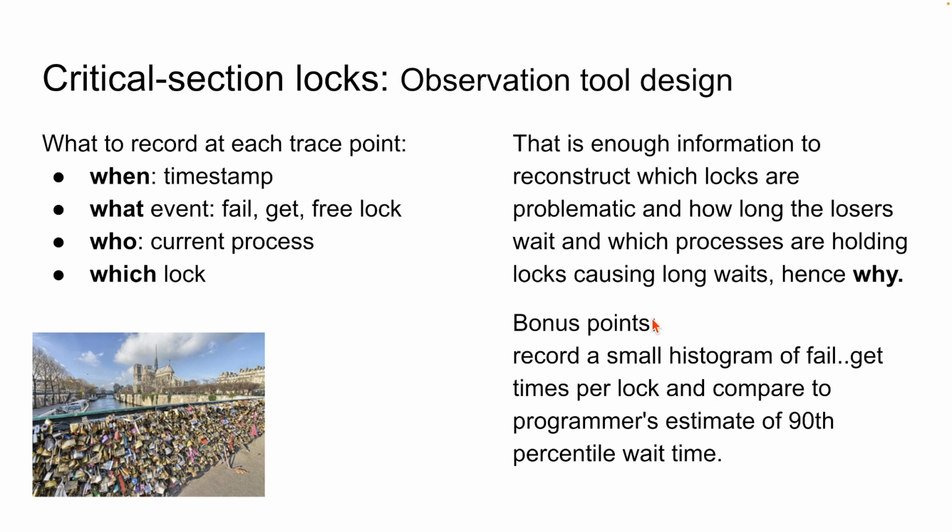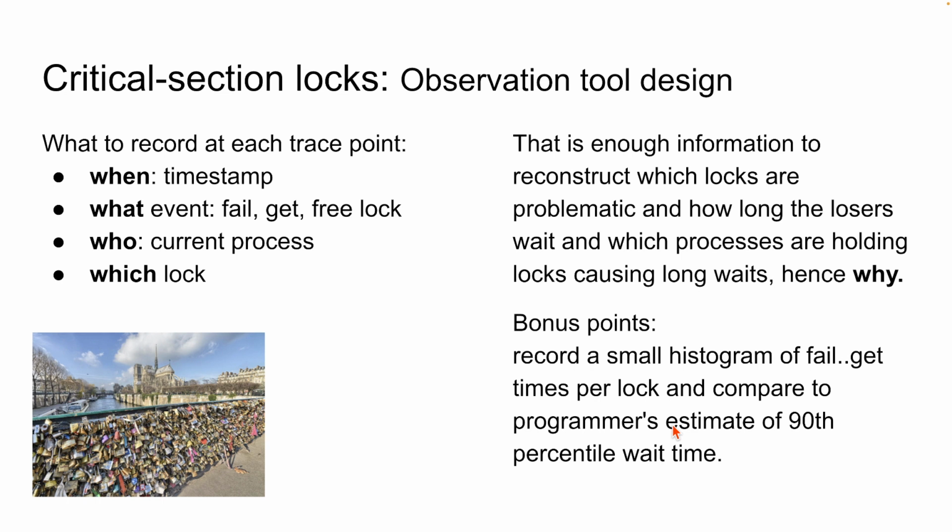Okay, and finally, for bonus points, consider recording for each lock a small histogram of the fail-until-you-finally-get elapsed times per lock, and compare that to a programmer's estimate of the 90th percentile waiting time.